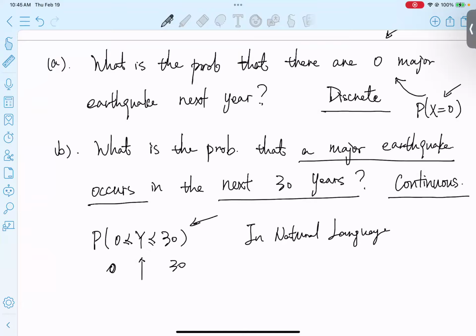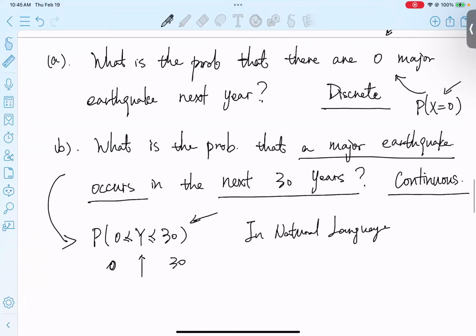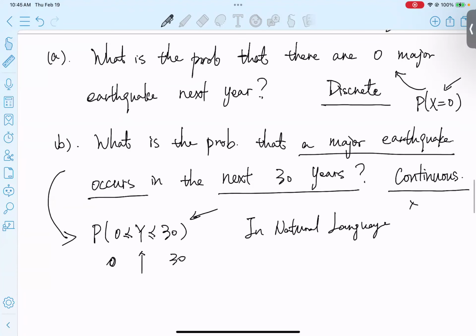So I think the confusion is how we transfer things described in words and text into mathematical language. Maybe the sentence in this question is not very precise.